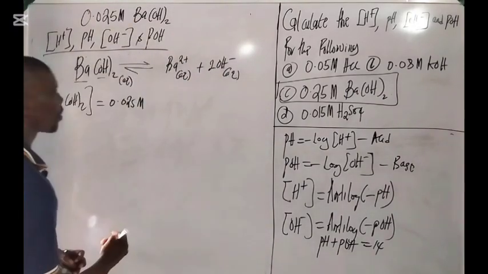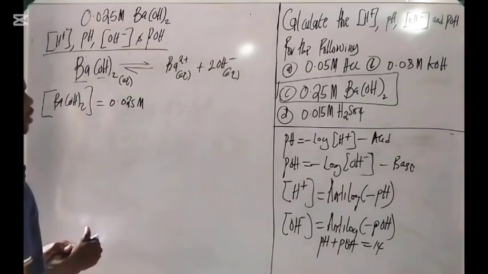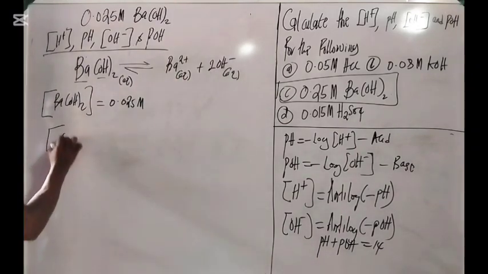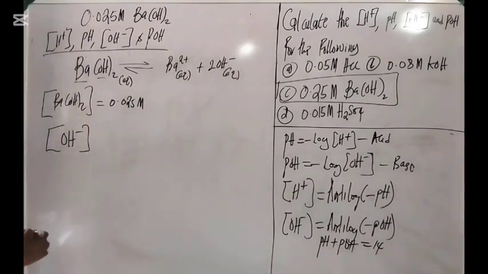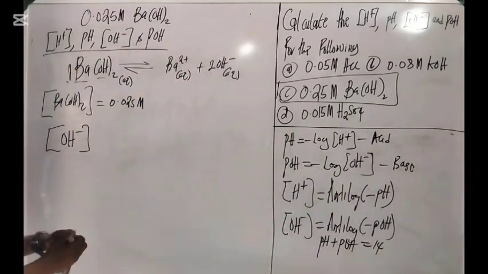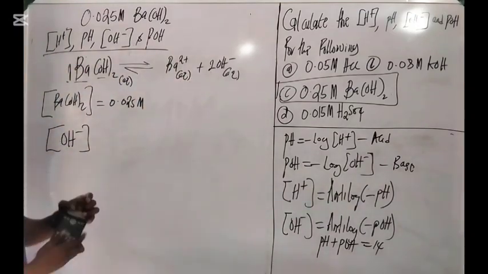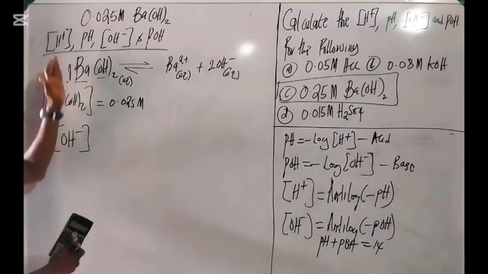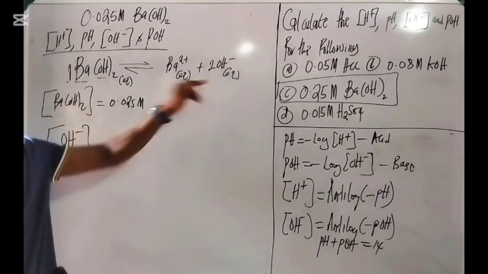It's very easy for me to calculate the concentration of OH minus, because it's a 1:2 ratio. Two of them are related together here: here we have 1, here we have 2, right? What does it mean here?